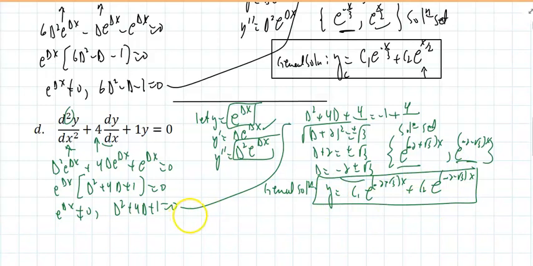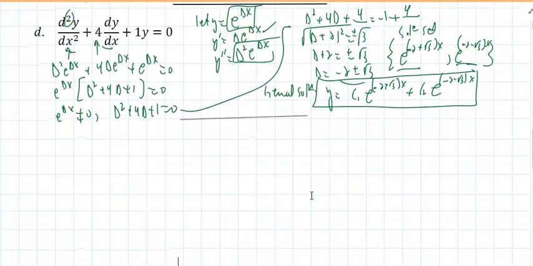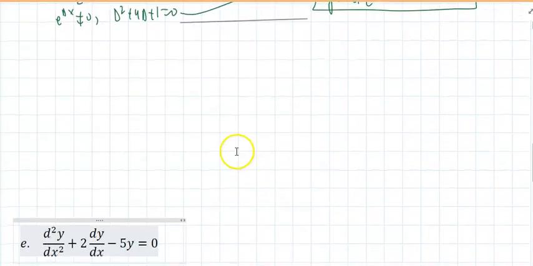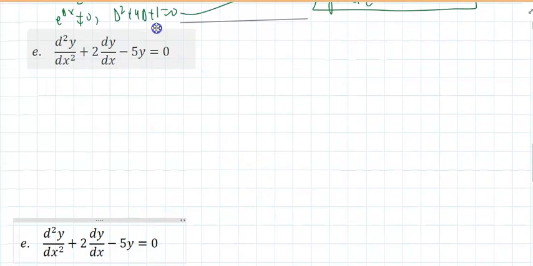So what's the deal in this section? You get a quadratic in which you have two distinct solutions. So far, there we go.